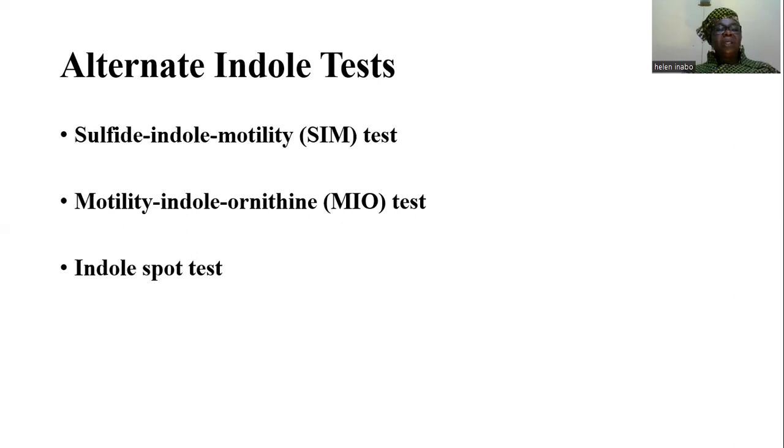Here you have the motility test, the indole test, and ornithine decarboxylase test. Then the indole spot test is similar to the oxidase test, in that following the growth of the organism, a piece of filter paper is wet with a few drops of Kovacs reagent, and then a colony of the organism is smeared on this wet filter paper.